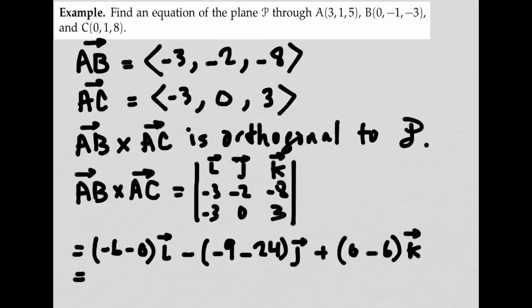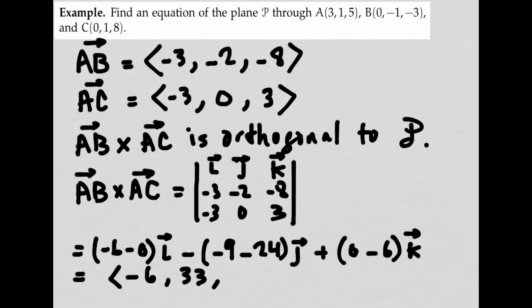So our normal vector has components minus 6, then minus 9 minus 24, that's minus 33, times minus 1, that's plus 33.